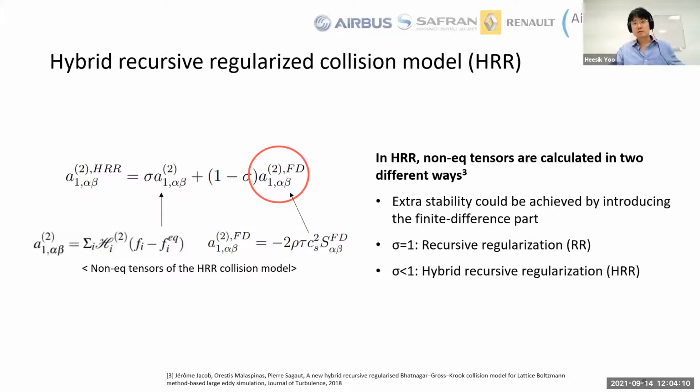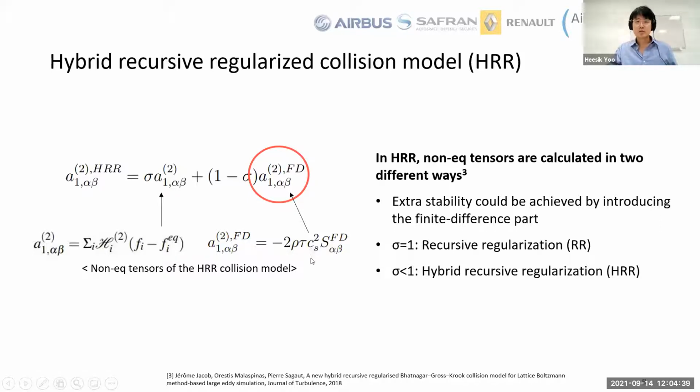And then what is the HRR model? In the HRR model, we can define the non-equilibrium tensor in two different ways. First, as I explained in the previous slide, we can just use the second order moment computed from the Hermite polynomial, as the standard way. But at the same time, we can define the second order moment from the finite difference, because the second order moment is related to the shear stress.